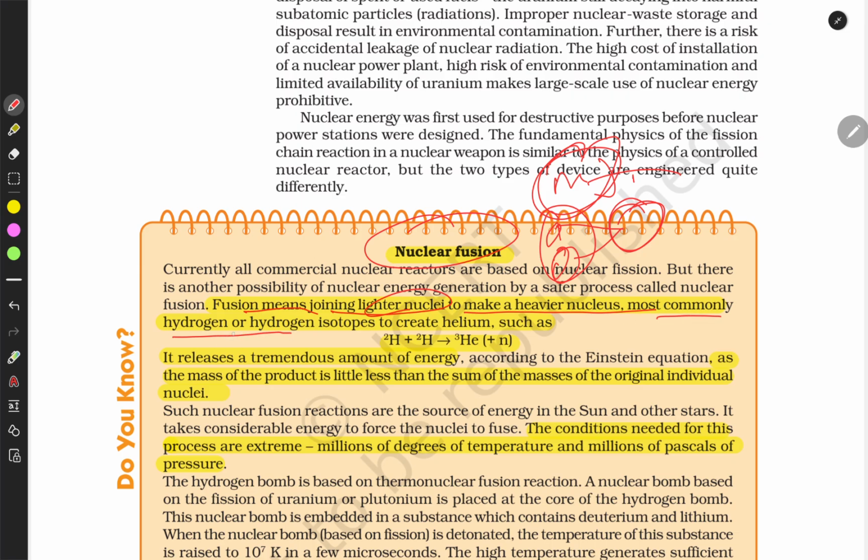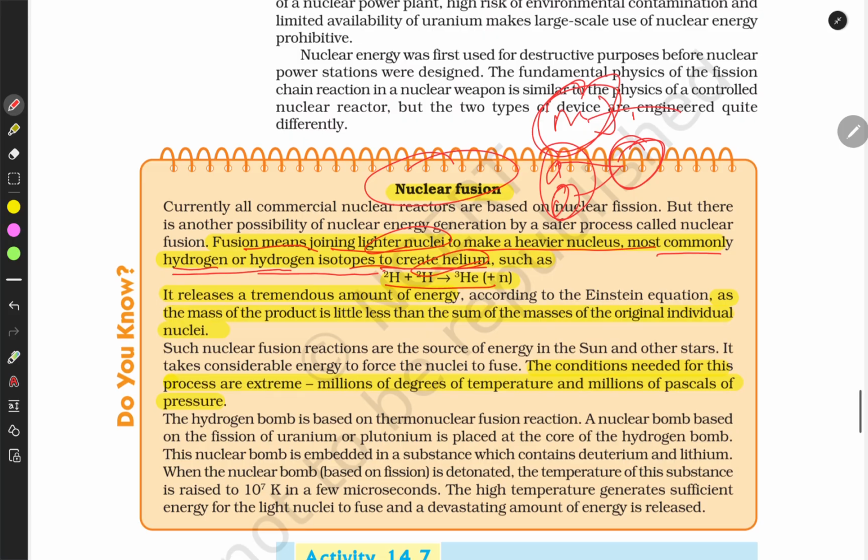Hydrogen, or a hydrogen isotope, is most commonly used to create helium, and it releases a tremendous amount of energy, as the mass of the product is a little less than the sum of the masses of the original individual nuclei.